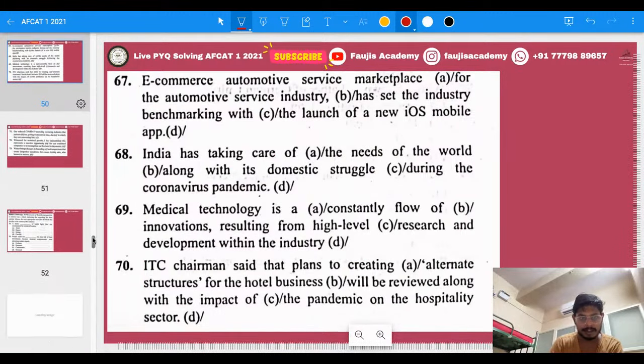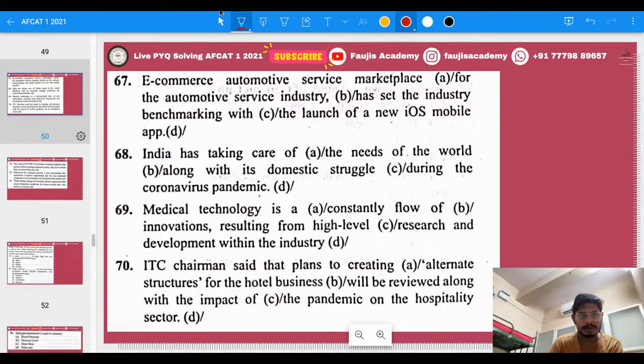Let's get started with these ones. E-commerce automotive service marketplace for the automotive sector industry has set the industry benchmarking with the launch of a new iOS mobile app. We are talking about some marketplace for the automotive service industry that has set the industry what?